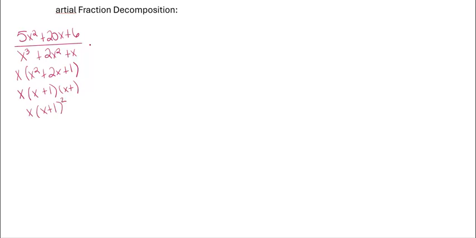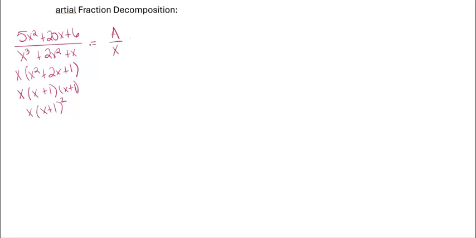So in other words, I have a repeated linear factor in the denominator. I have an x plus 1, and I have another x plus 1 here, or an x plus 1 squared. And when I do that, I need to have one constant numerator for each power of the repeated factor. So I'm going to have a constant numerator for my x, so that will just be A over x.